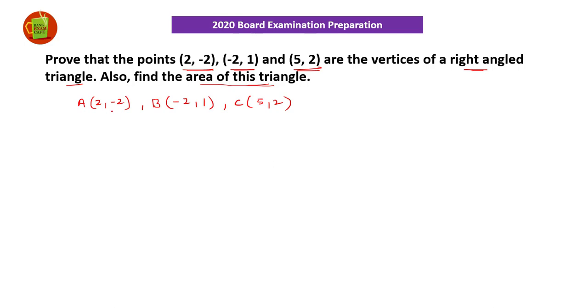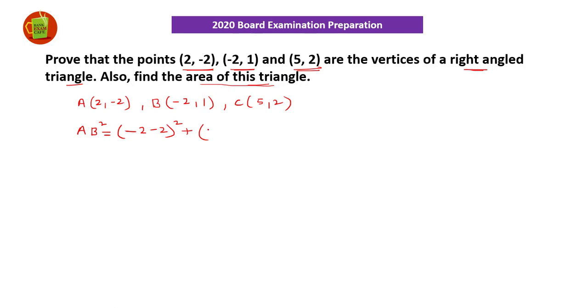So here we can find the length AB square, which is equal to, by distance formula, x2 minus x1, so x2 minus x1, that is -2 minus 2, bracket square, plus y2 minus y1 bracket square.